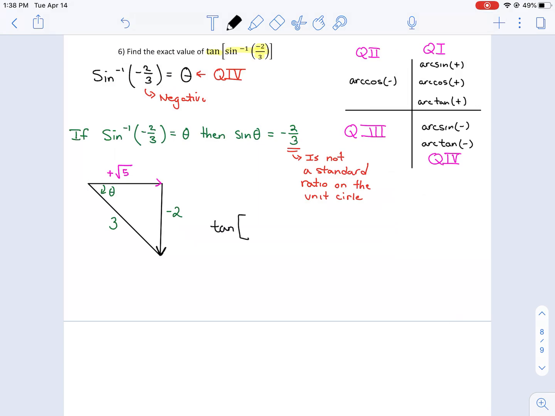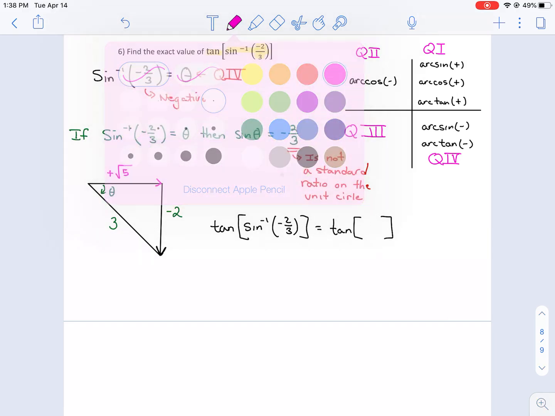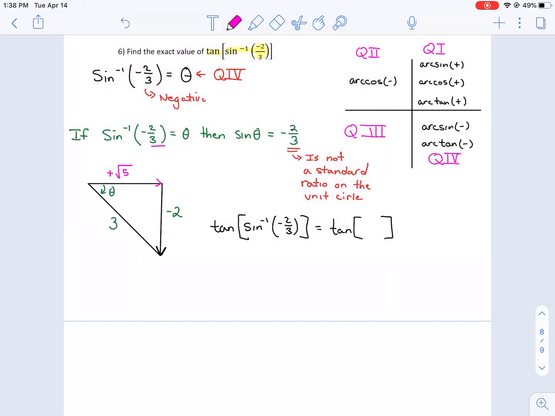So the tangent of the inverse sine of negative 2/3 equals the tangent of something. And if you go back to the sentence that I wrote, the inverse sine of negative 2/3 is equal to theta.